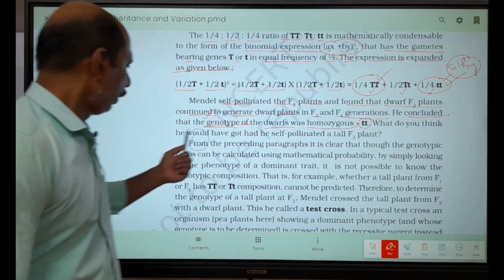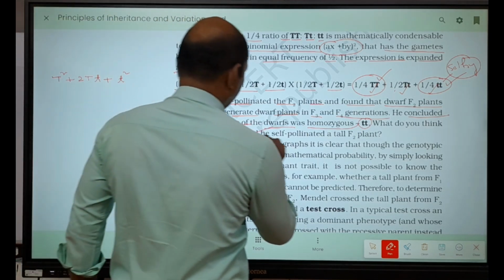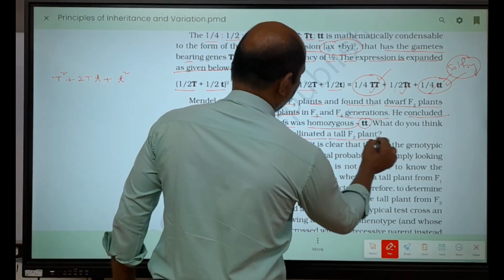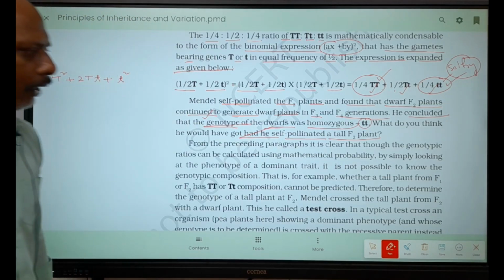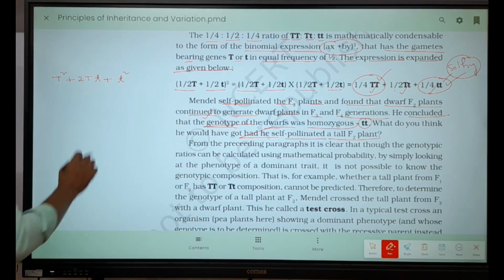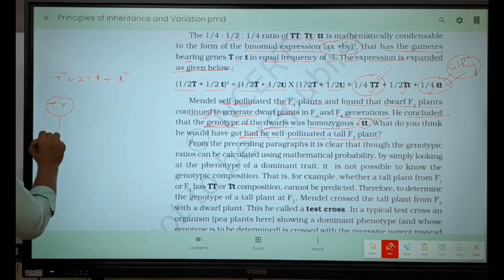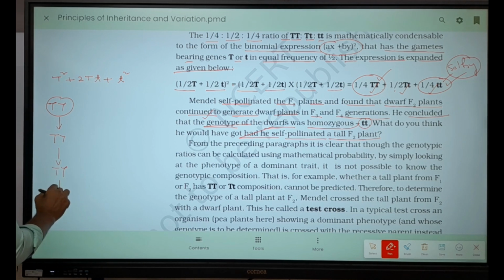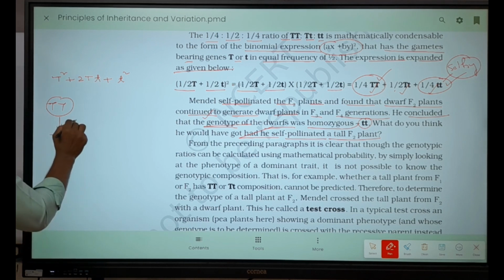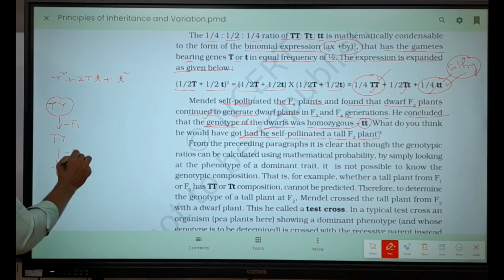What do you think he would have got had he self-pollinated a tall F2 plant? So when he self-pollinated the F2 plants, some plants which contain capital T capital T continuously give capital T capital T in F3 generation, F4 generation, or F5 generation.